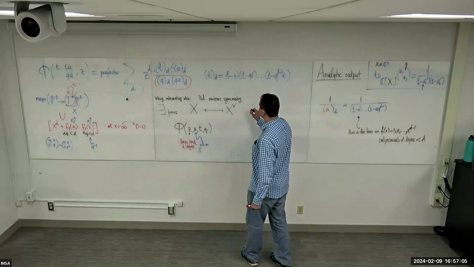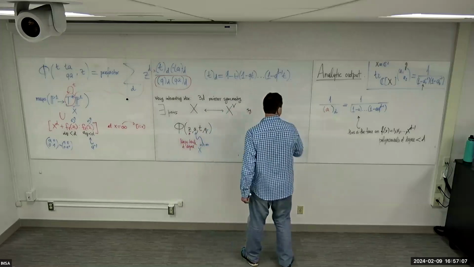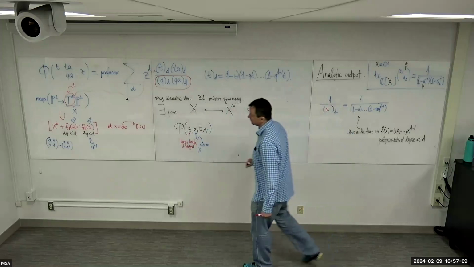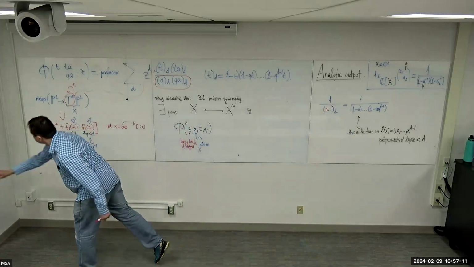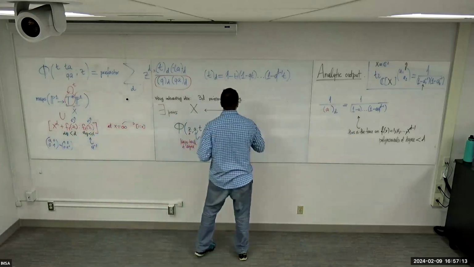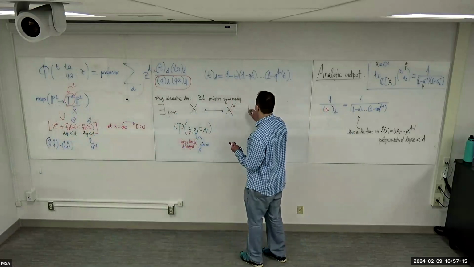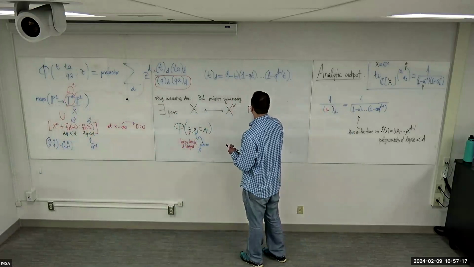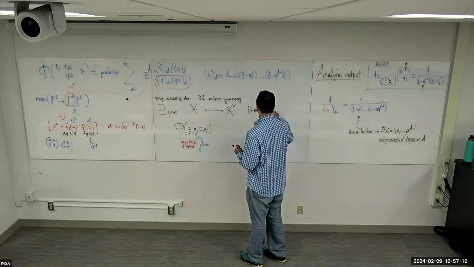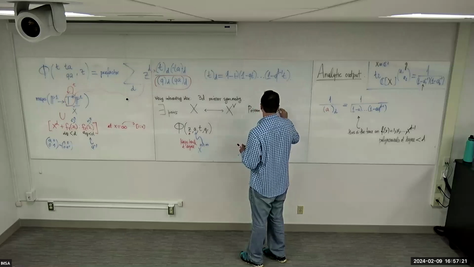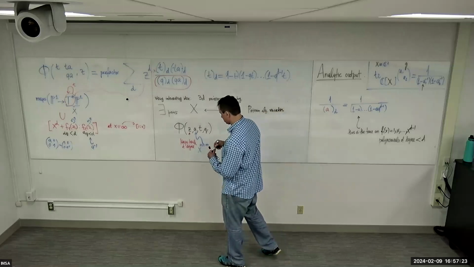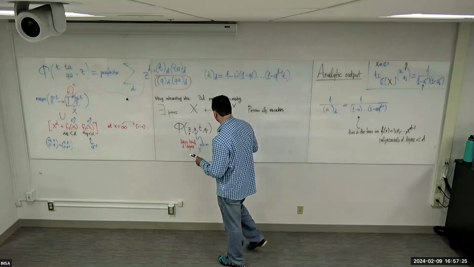And these are both symplectic Poisson varieties. This is actually preserving the Poisson form.